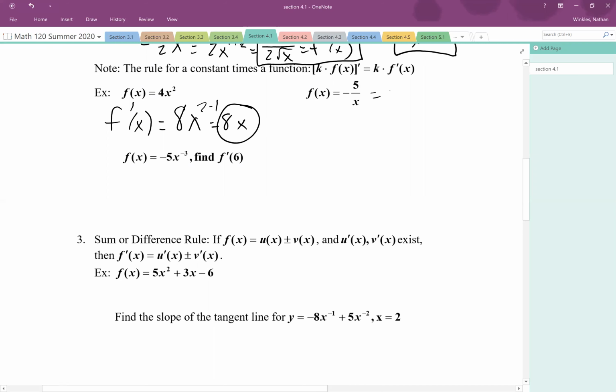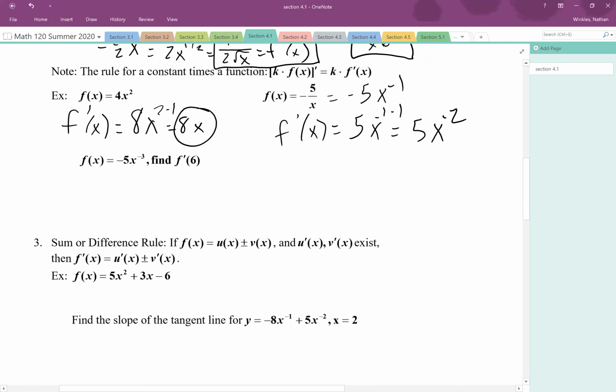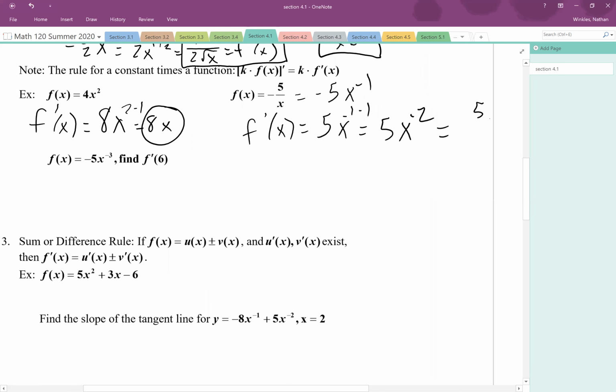For the second one here, we could change to the minus 5x to the negative 1. So f prime of x would be 5x to the negative 1 minus 1, which is 5x to the negative 2, or if we rewrote that with a positive, 5 over x squared.